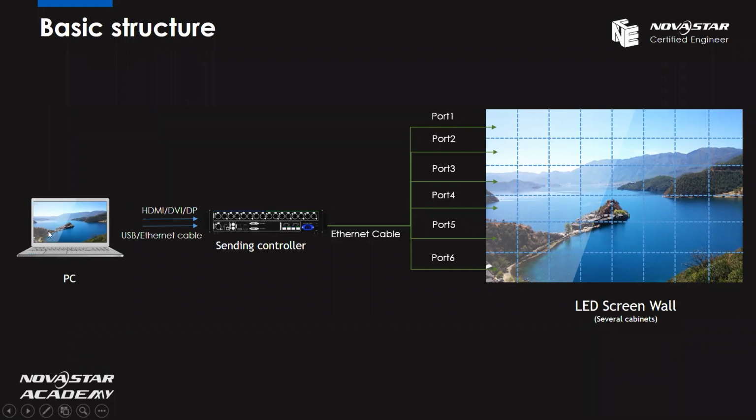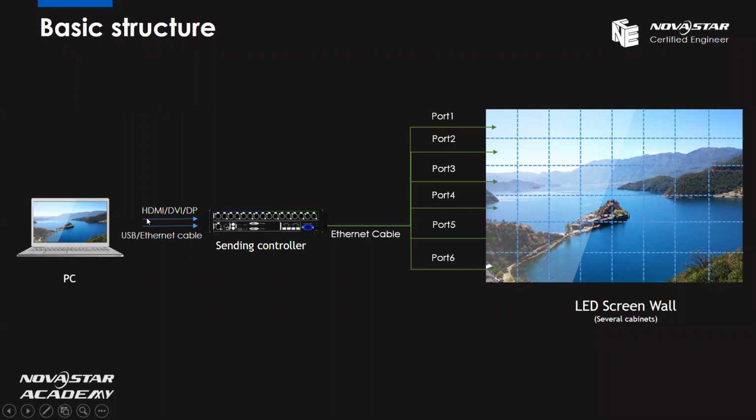Here we can see the control computer is connected to the sending controller by the USB cable or Ethernet cable. So the control computer can send the control command to the sending controller.